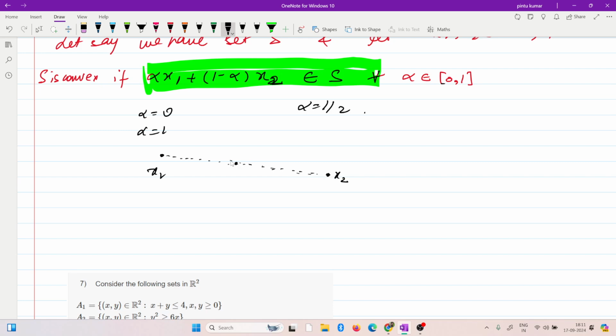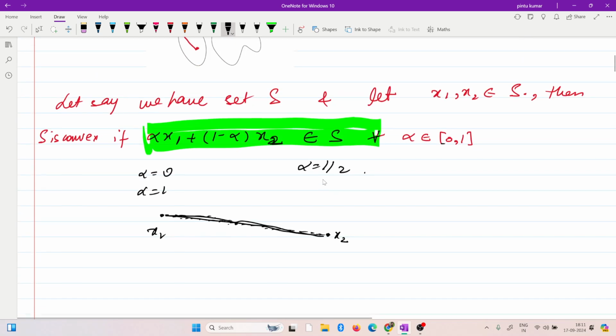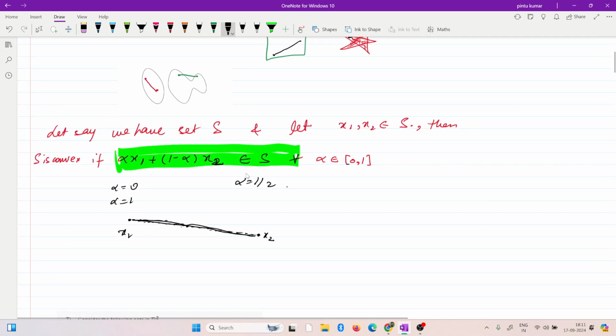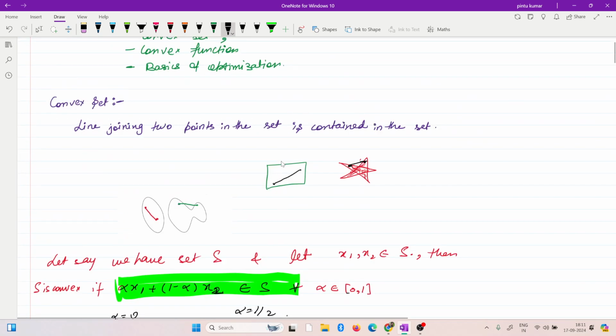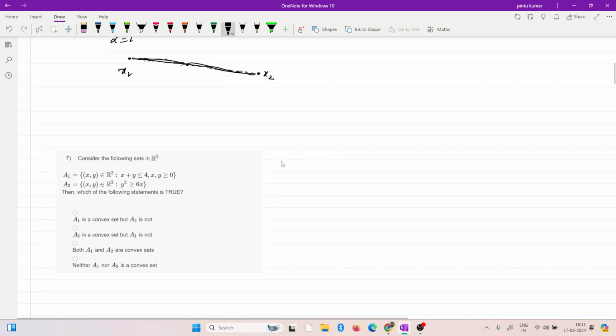That's why this is the equation of the line joining x1 and x2. And in a convex set, this complete line should remain within that set. Only then is it called a convex set.